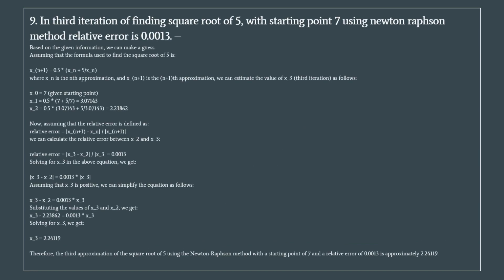In the third iteration of finding the square root of 5 with starting point 7 using the Newton-Raphson method, the relative error is 0.0013.